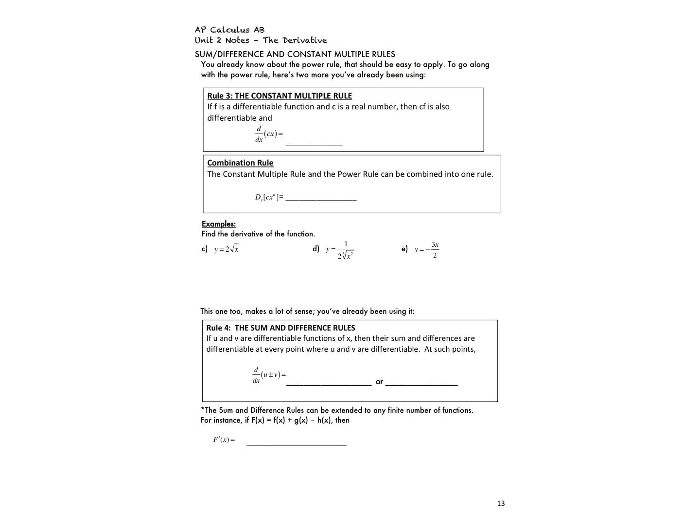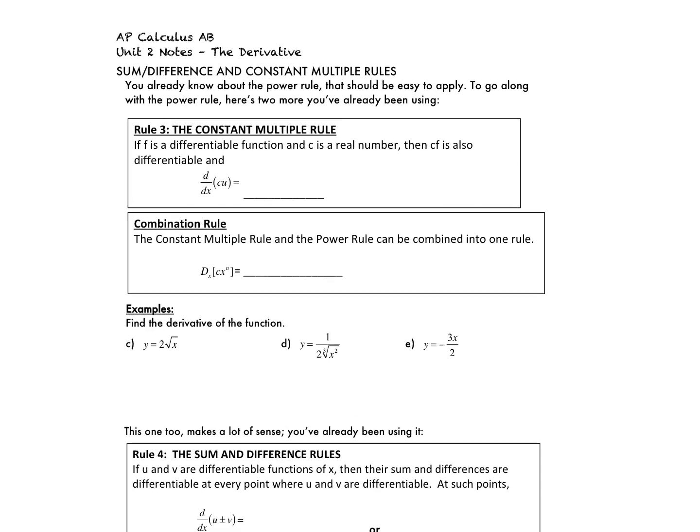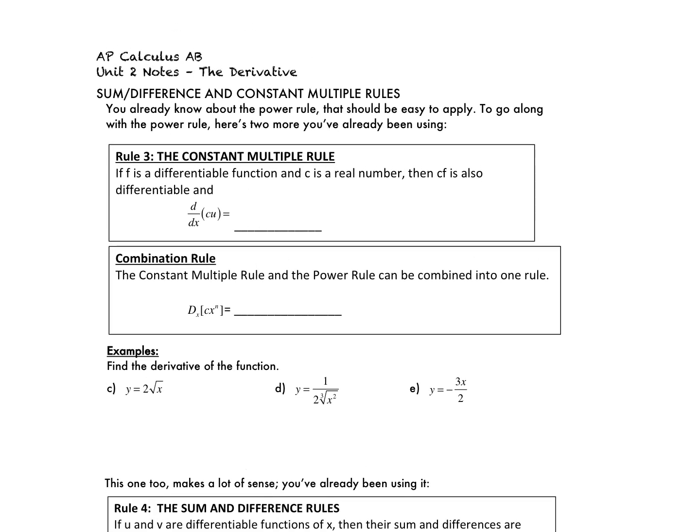Okay, now a couple things that are almost kind of obvious, but I feel the need to just let you know that they're there. One of the principles that we covered with limits was something called the constant multiple rule. And that constant multiple rule is something we've already kind of been using here. If I have a constant times something with u, then it's going to be that constant times the derivative of whatever u is.